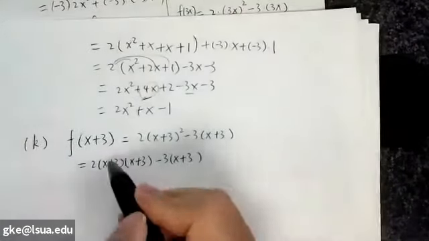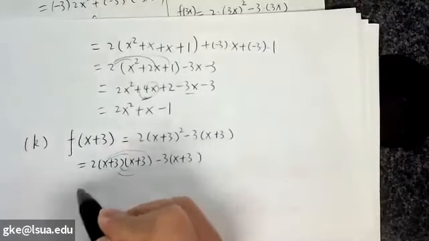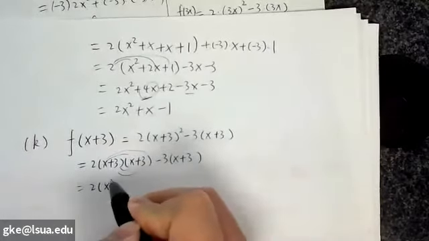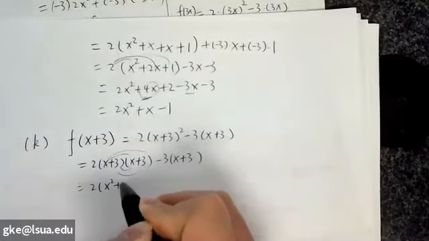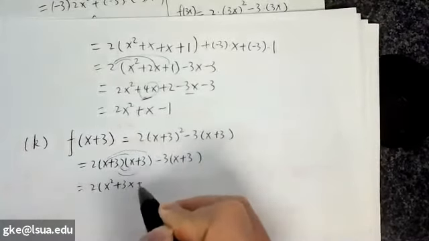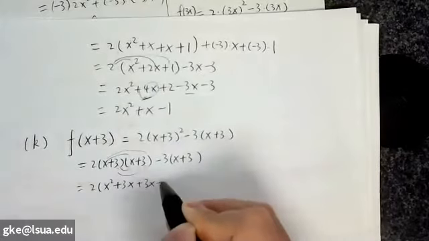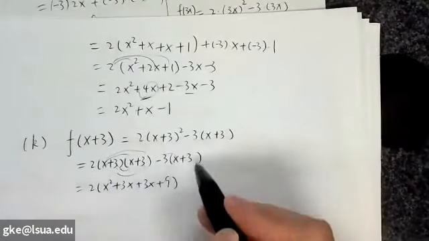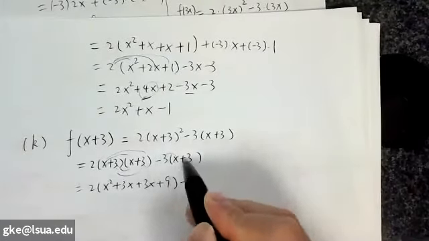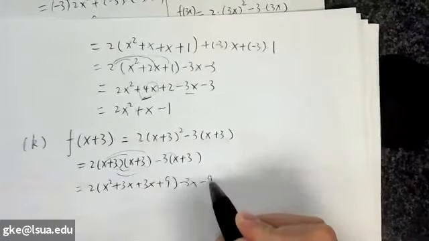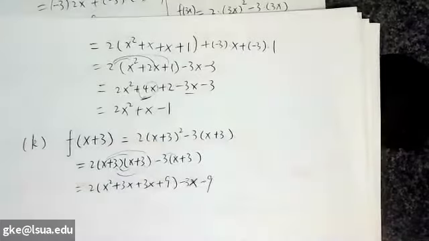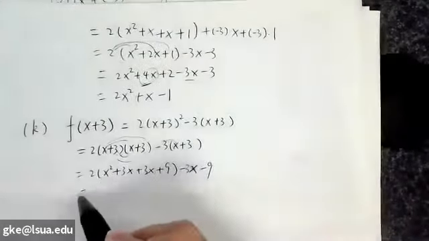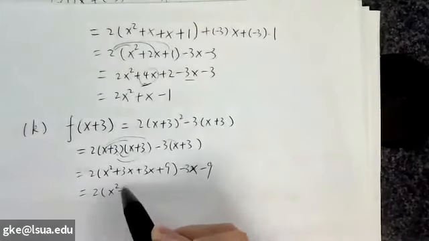Now distribution. x times x is x squared. x times 3 is 3x. 3 times x, 3x. 3 times 3 is 9. Here is negative 3 times x, negative 3x. Negative 3 times 3 is negative 9. Okay. Here we can continue to simplify it.